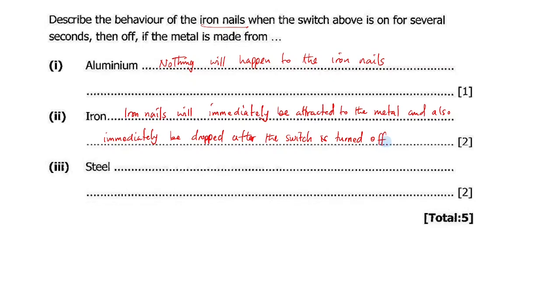So that's what will happen. So when the switch is turned on, the iron nails will be attracted immediately. When it is turned off, they'll also be dropped immediately.